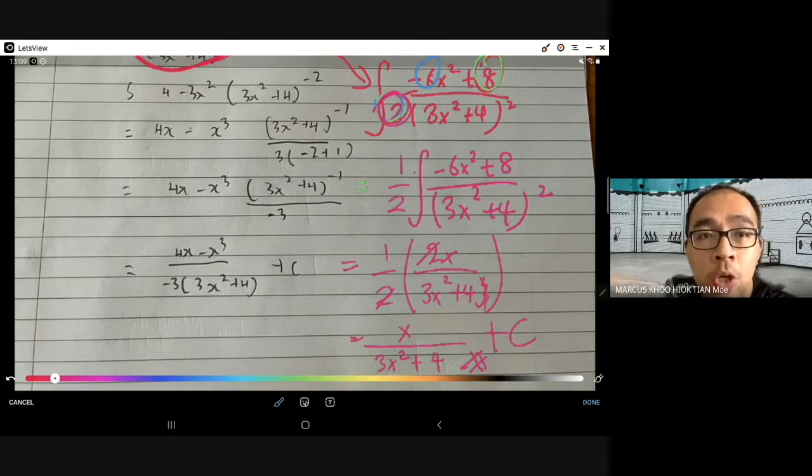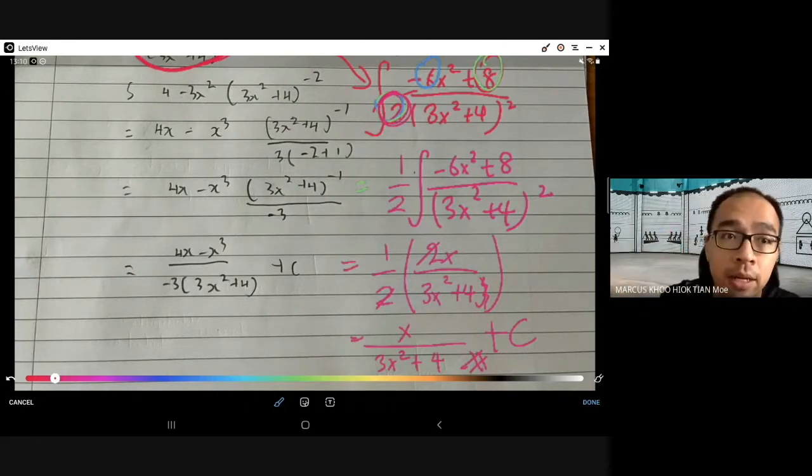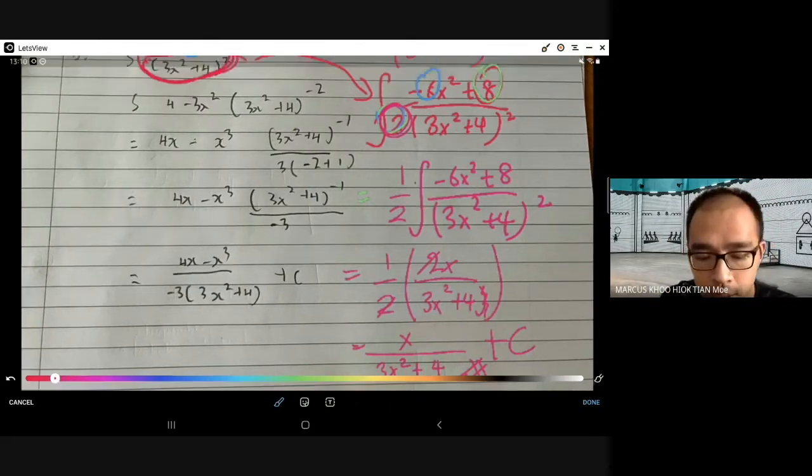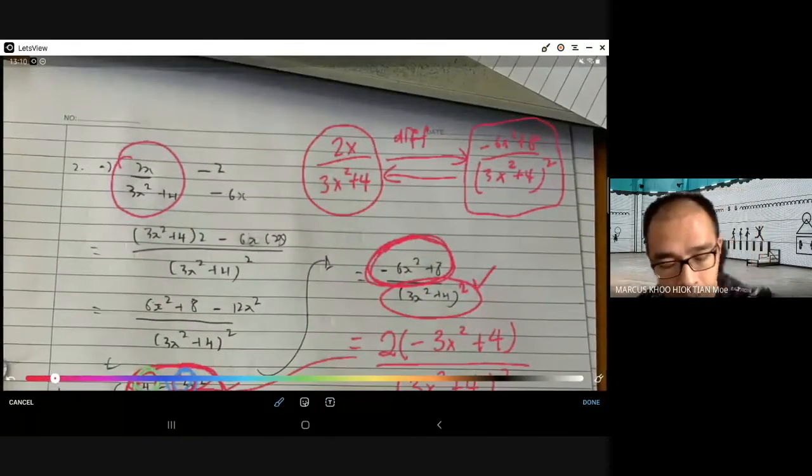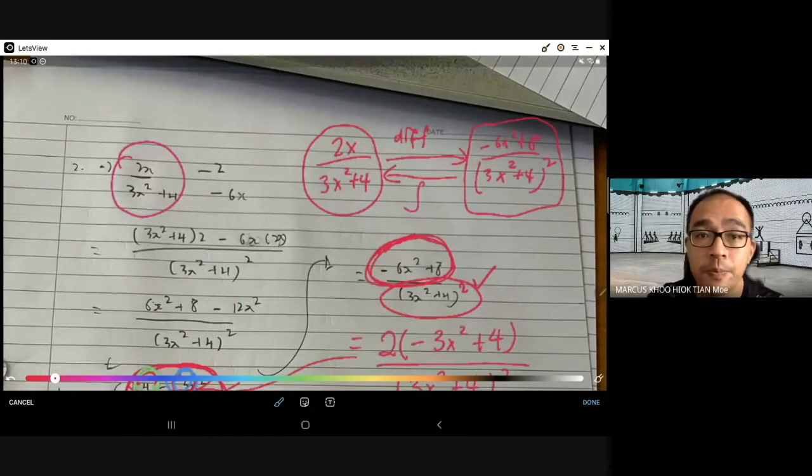So this is a very common paper 1 question. They will ask you to differentiate something, or they will give you the differentiation itself. And then after that, they will ask you to integrate, and it looks like such a complicated integration. But actually, what this question is testing is whether you understand the relationship between differentiation and integration.